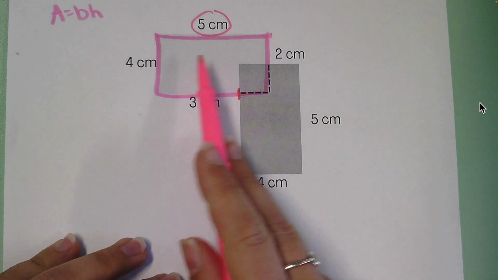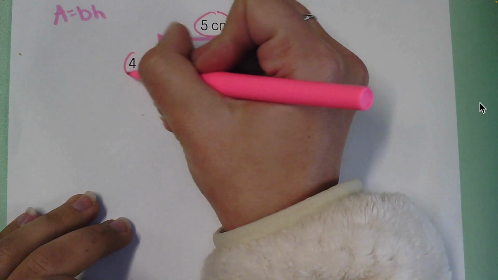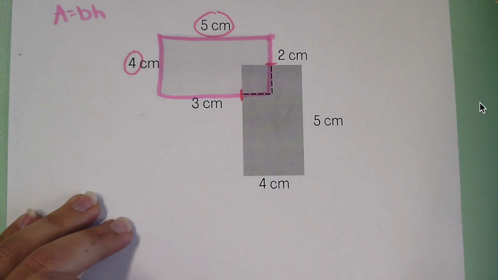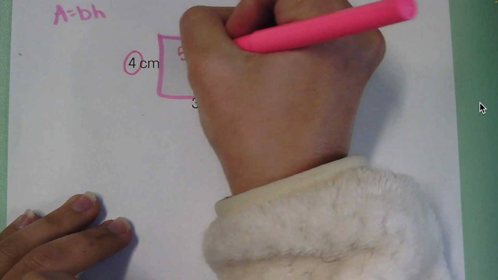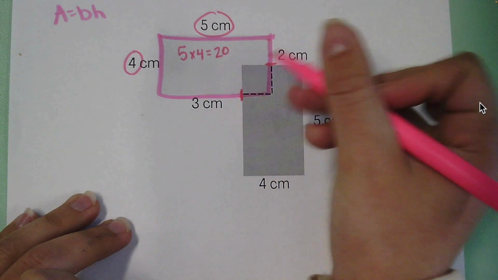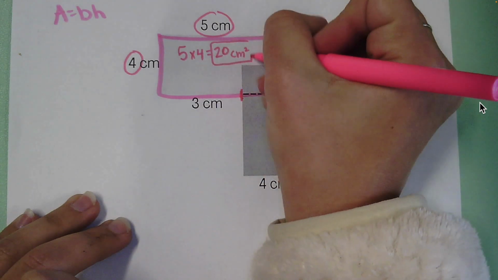So I want the whole thing for this whole rectangle. Now, my height is going to be 4, not a 2, because 2 is only halfway. So I'm sticking with 5 and 4. We are doing 5 times 4. That's going to give me 20. So this full rectangle is 20 centimeters squared.